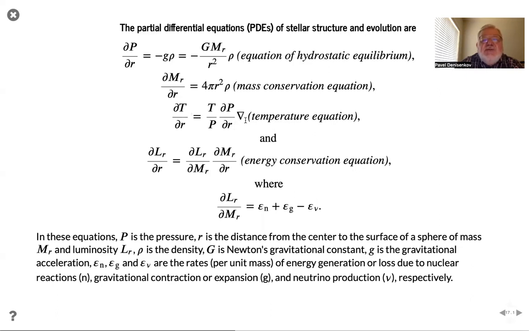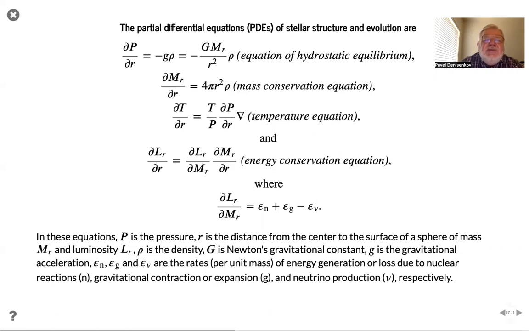I will show the expression for nabla later. Nabla is also called the temperature gradient, but it's logarithmic and with respect to pressure. And this is just an identity, as you can see, which defines nabla via the ordinary radial temperature gradient.